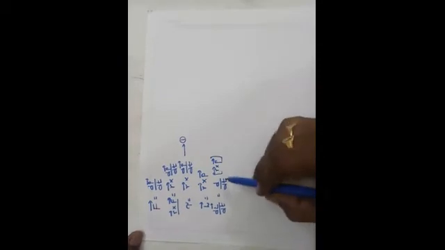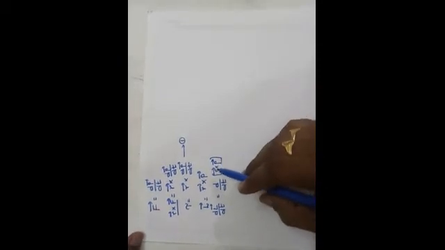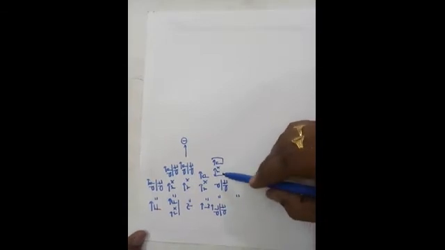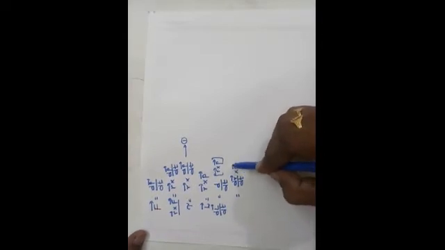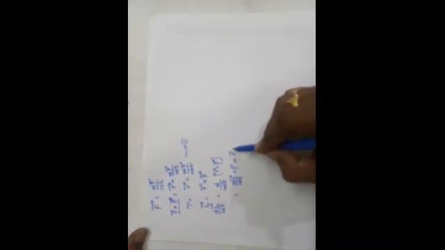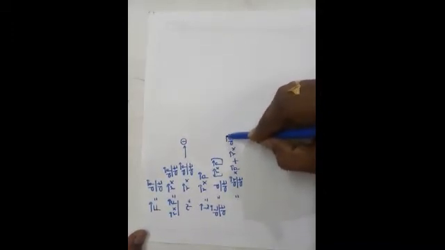Now, how can we solve d by dt of A cross B? This can be written as dr bar by dt cross p bar plus r bar cross dp bar by dt.